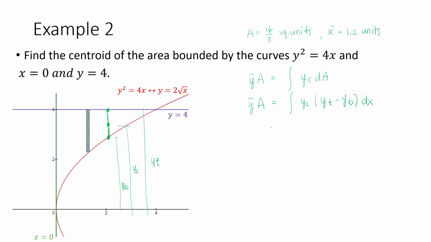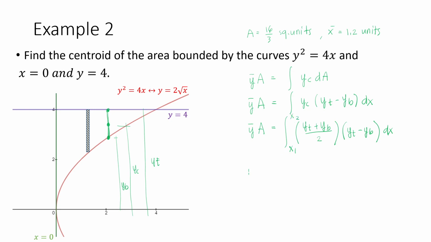So using the midpoint formula, this is now bar y times area is equal to y top plus y bottom over 2, and then y top minus y bottom dx, and then from x1 to x2.